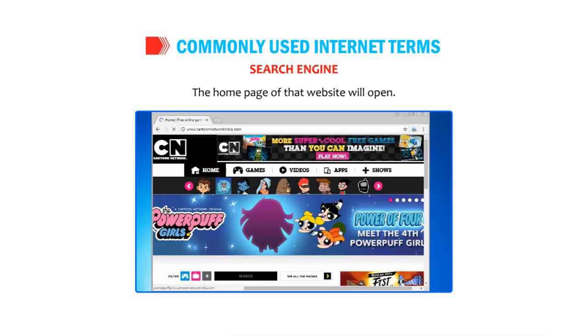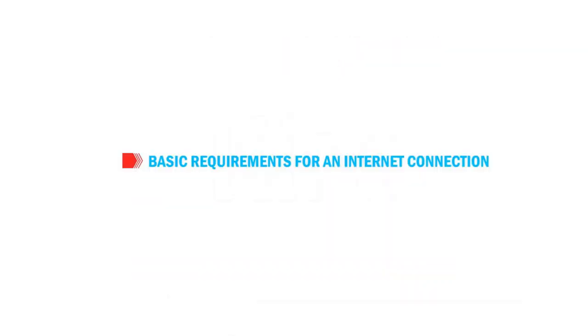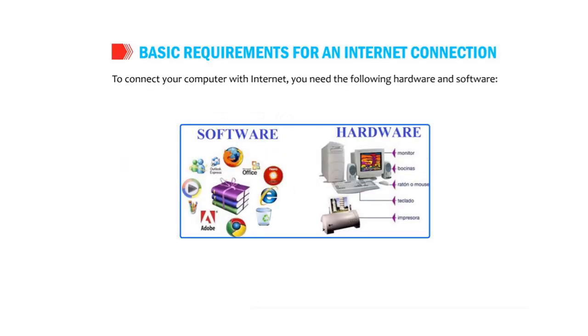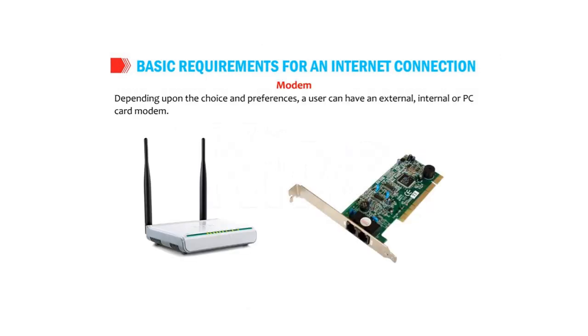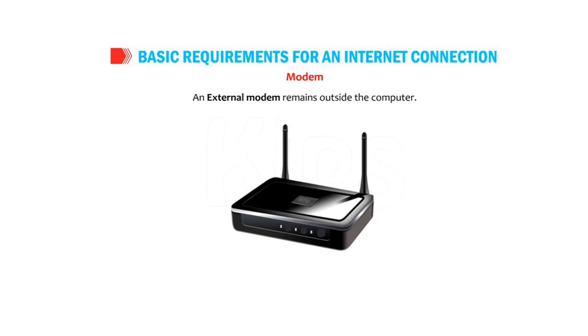Students, now let us understand what are the basic requirements for an internet connection. To connect your computer with the internet, you need the following hardware and software. Number 1 is modem. Depending upon the choice and preferences, a user can have an external, internal, or PC card modem. An external modem remains outside the computer.